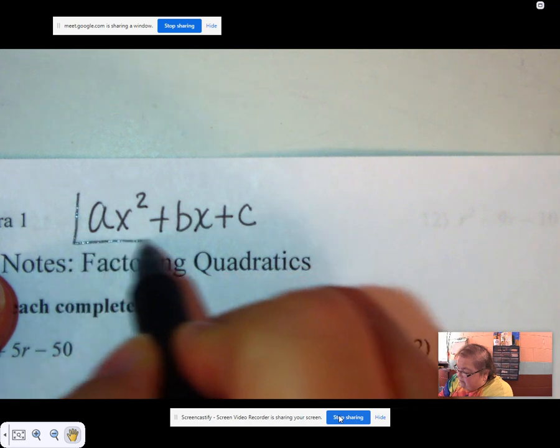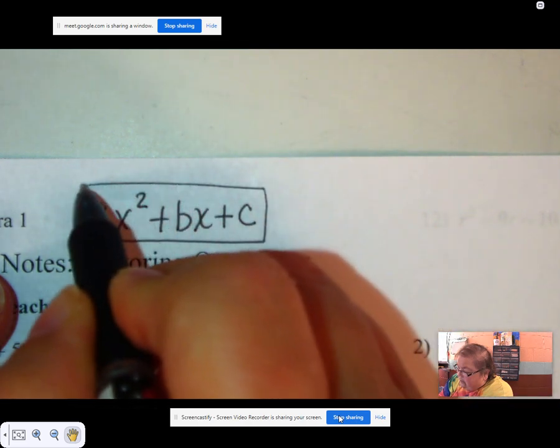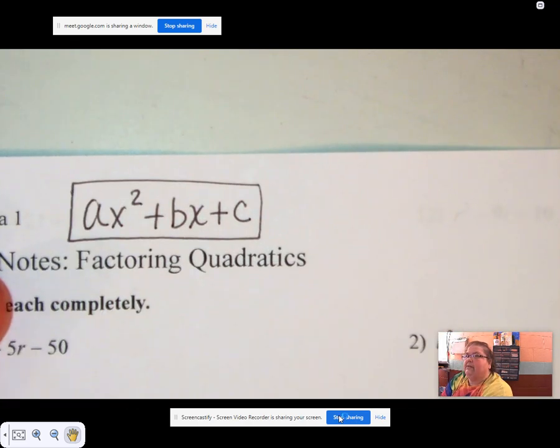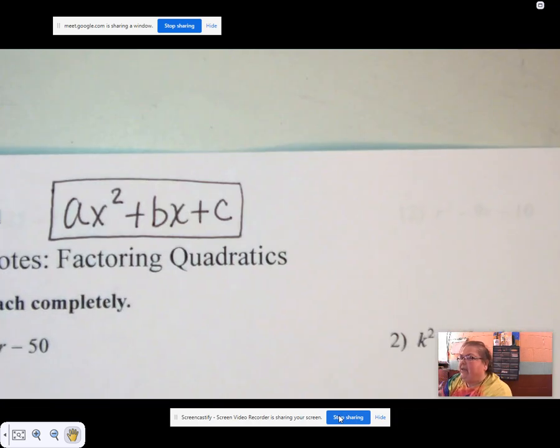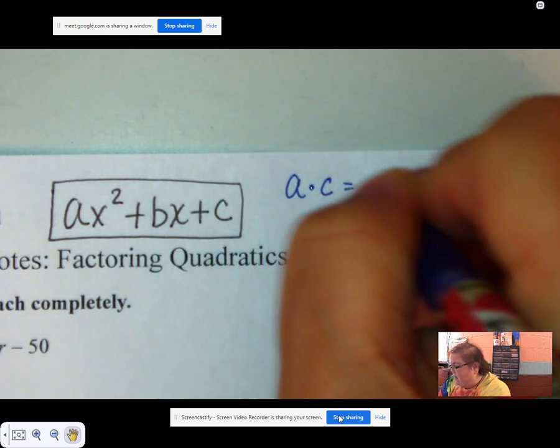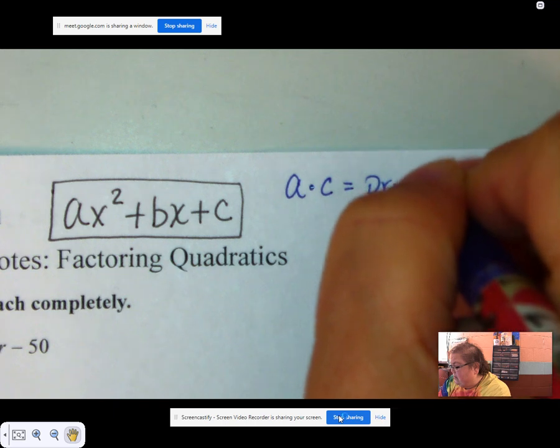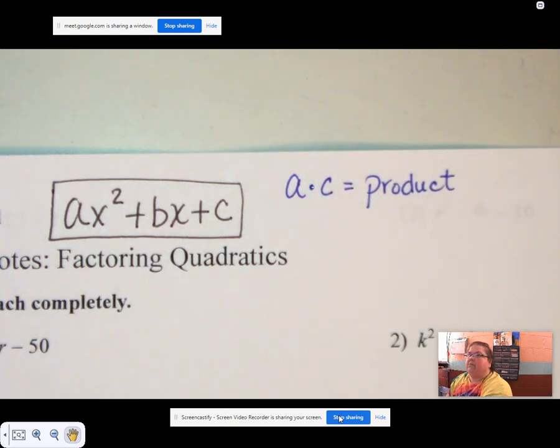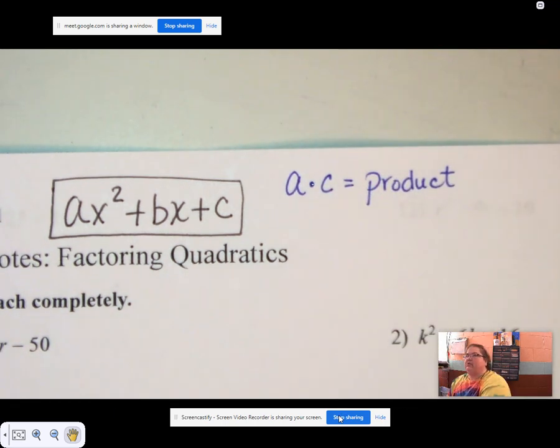This is standard form for quadratics. Okay? So A is with x squared always, B is always with the x, and C is always your constant. Okay? Keeping in mind that A times C is the product. Product means I multiply, A times C is your product.